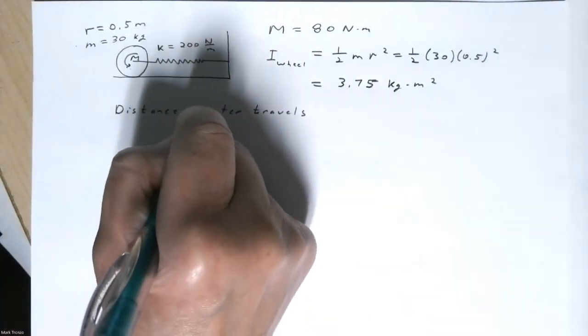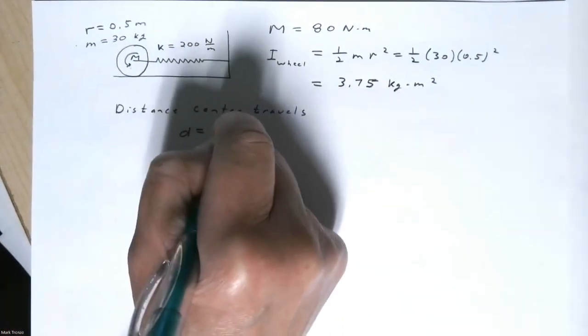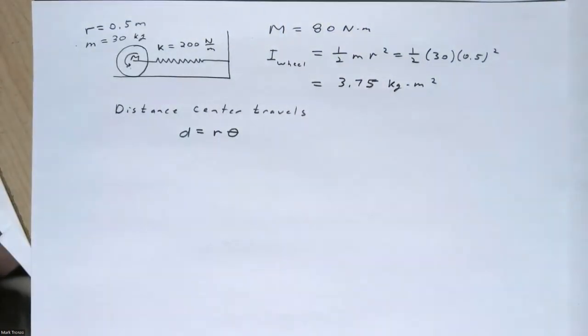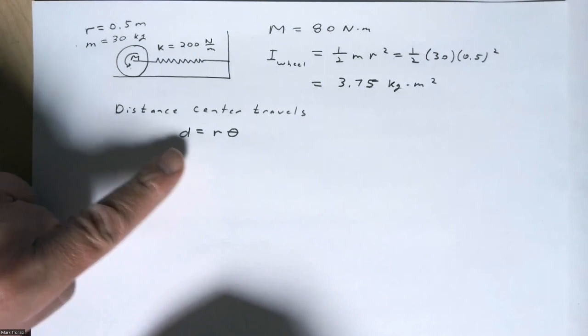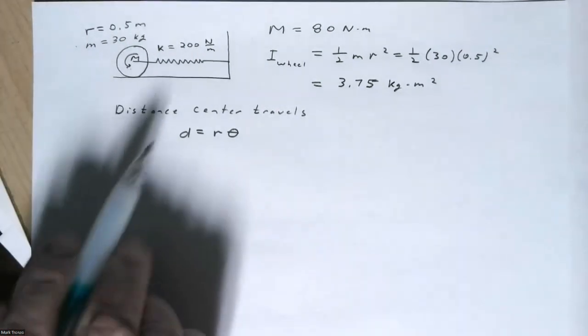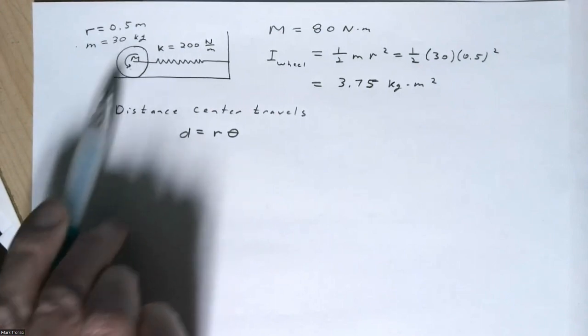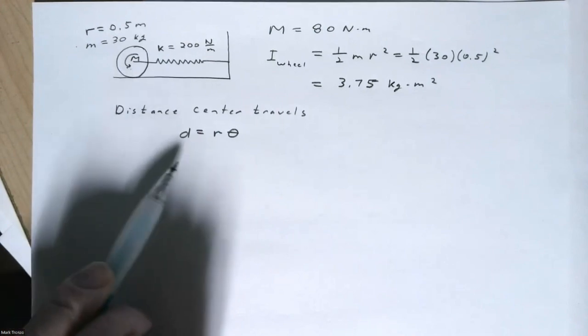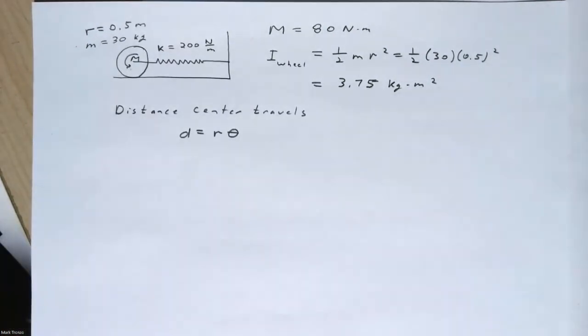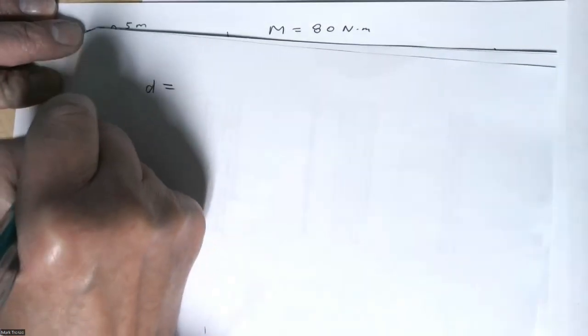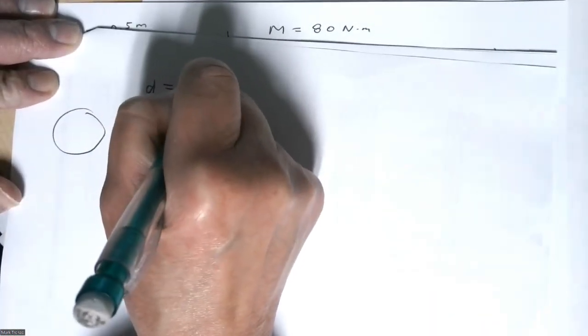It's going to be d equals r times theta. And if you're wondering where that comes from, let me actually just show you, but kind of just remember this. So in other words, if the wheel is turning theta, the distance the center will travel for any wheel, as long as there's no slippage, will be the radius times theta. And that comes from the fact, you can think of it this way. The distance traveled would be, say, the circumference of the wheel.